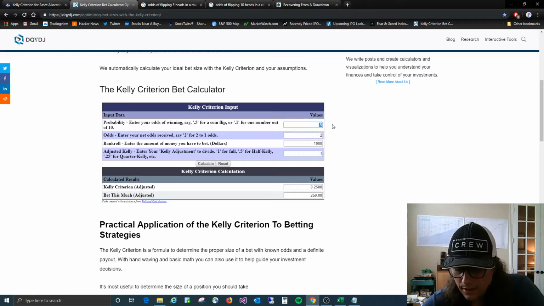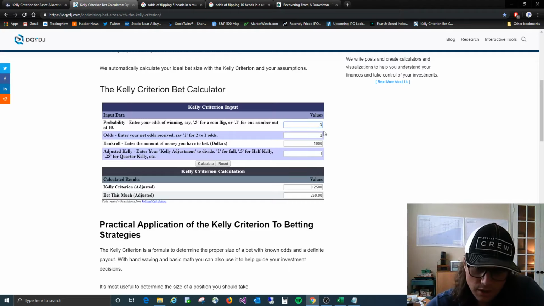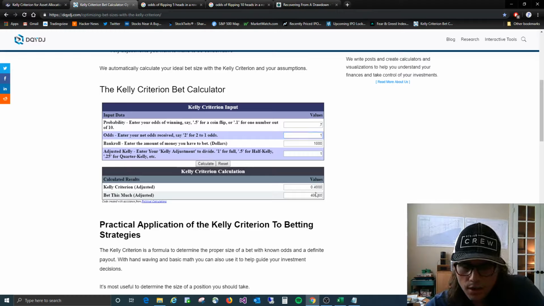Or if we had a 30% chance of winning and 3-to-1 odds, the optimal bet size is actually only 6.67%. And let's say we had a 70% chance of winning, but at 1-to-1 odds, so you risk $10, you gain $10. And that one's 40%.